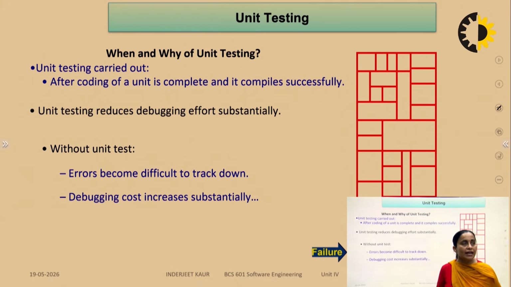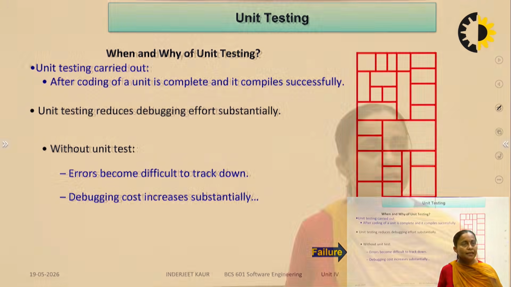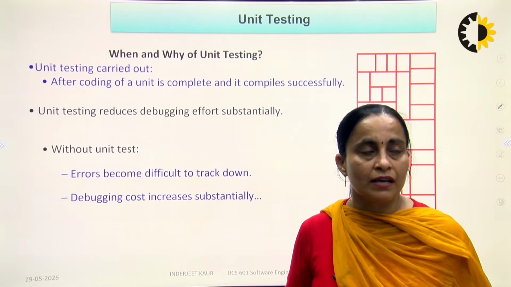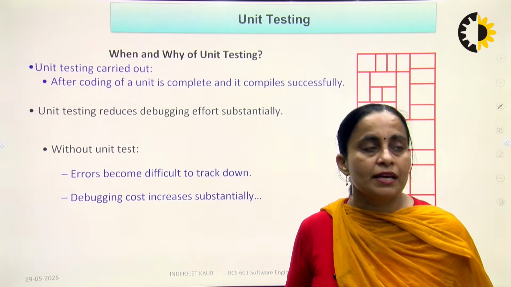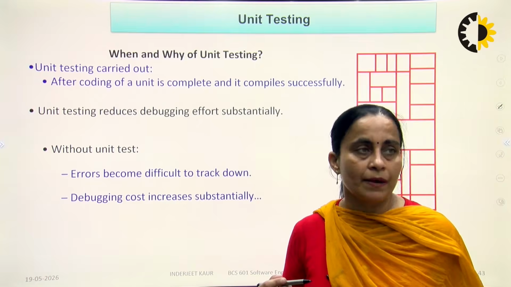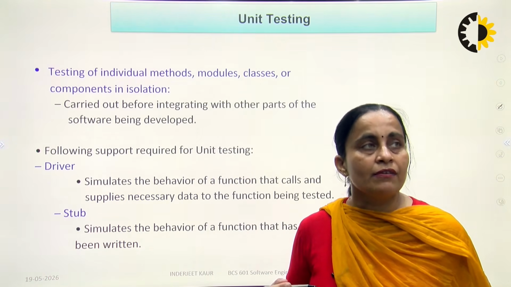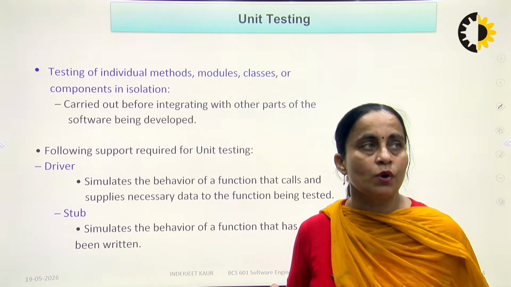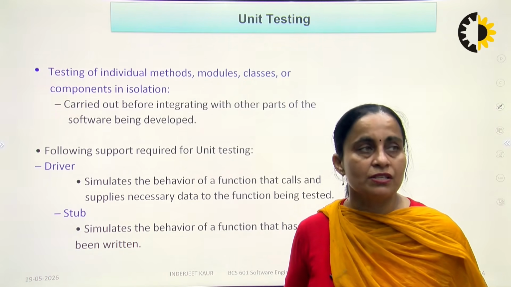After writing a simple piece of code that is complete and then testing it to see whether it works successfully, it reduces debugging. Errors become very difficult to track down when they have moved on to the upper stage. So testing individual methods, individual classes, individual modules is much easier.